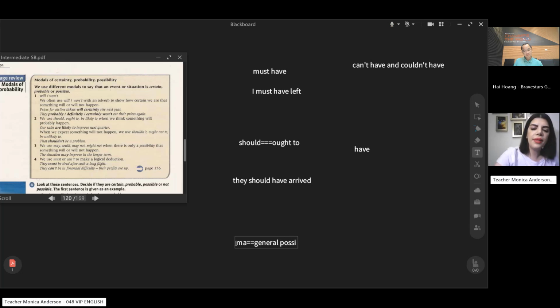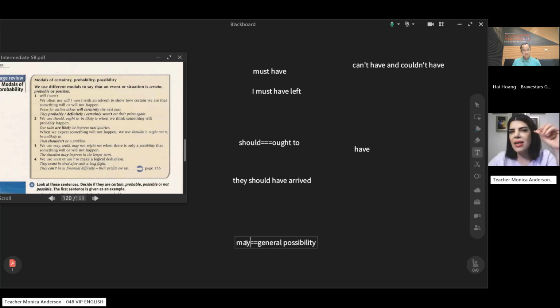For general possibility, may. For example, it may rain later. So it's possible to be rainy later. The second one, we have might.